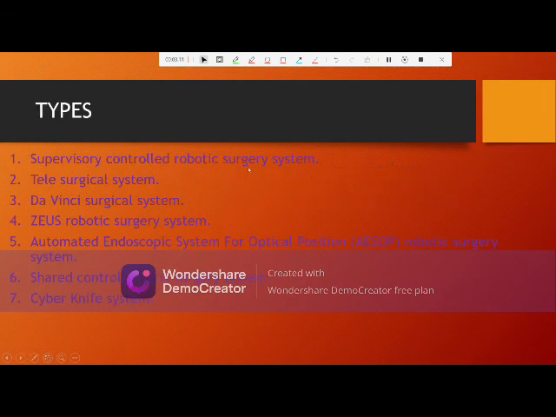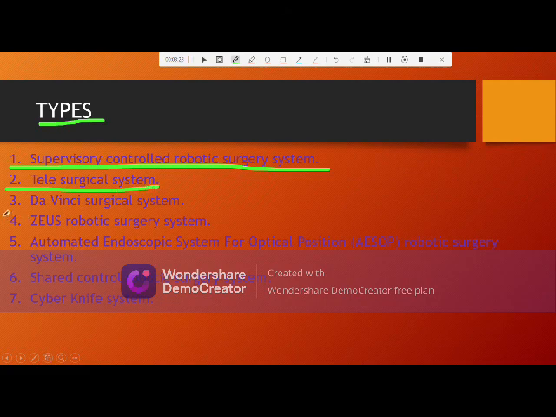Now, types of robotic surgery. These are the types. First, supervisory controlled robotic surgery system. Telesurgical system, Da Vinci surgical system.